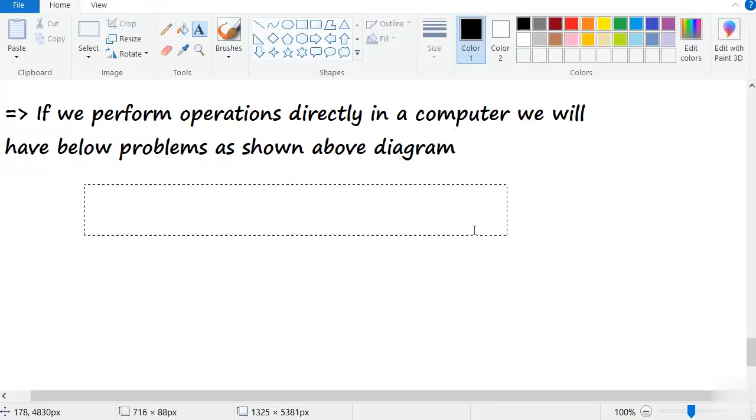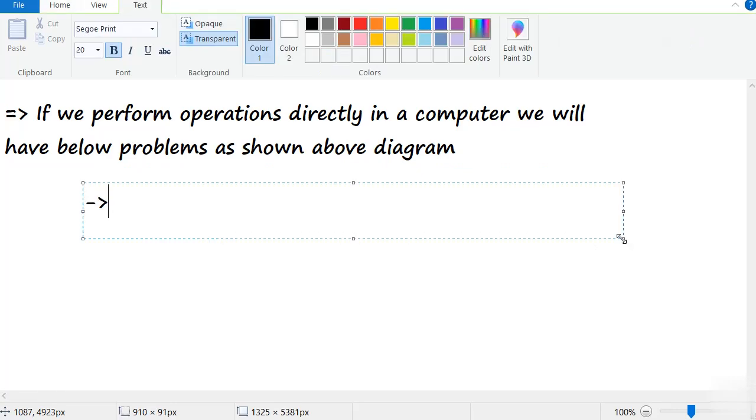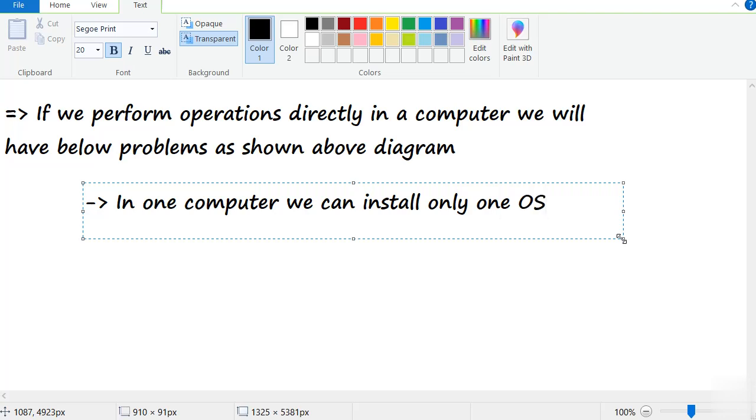So what are those problems? In one computer, we can install only one OS.